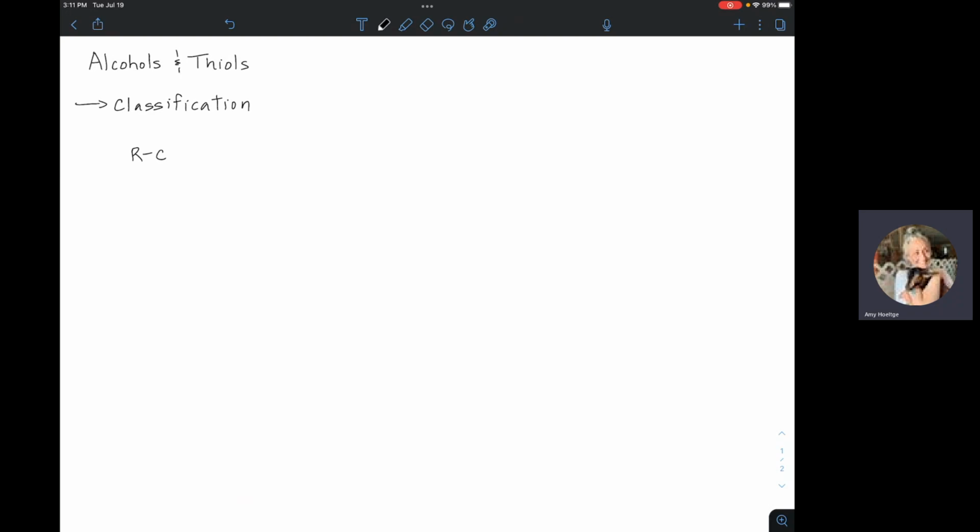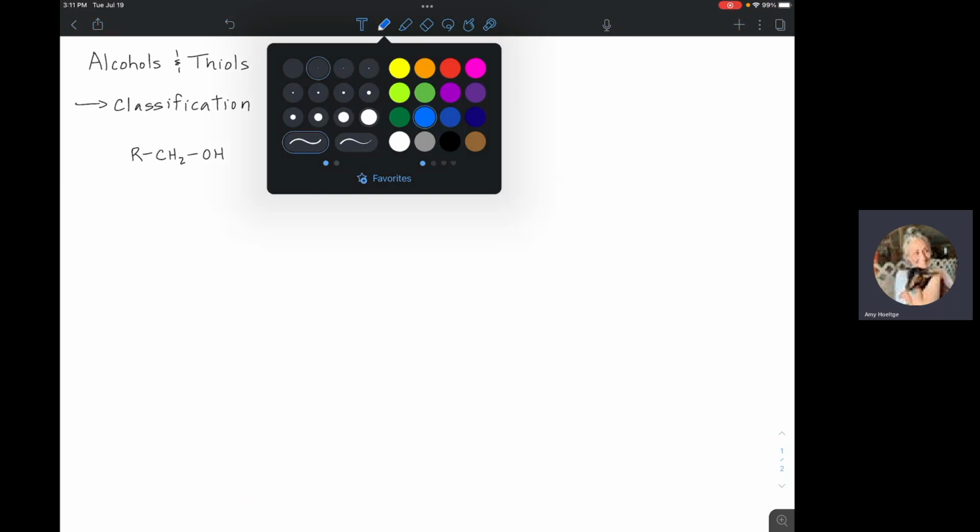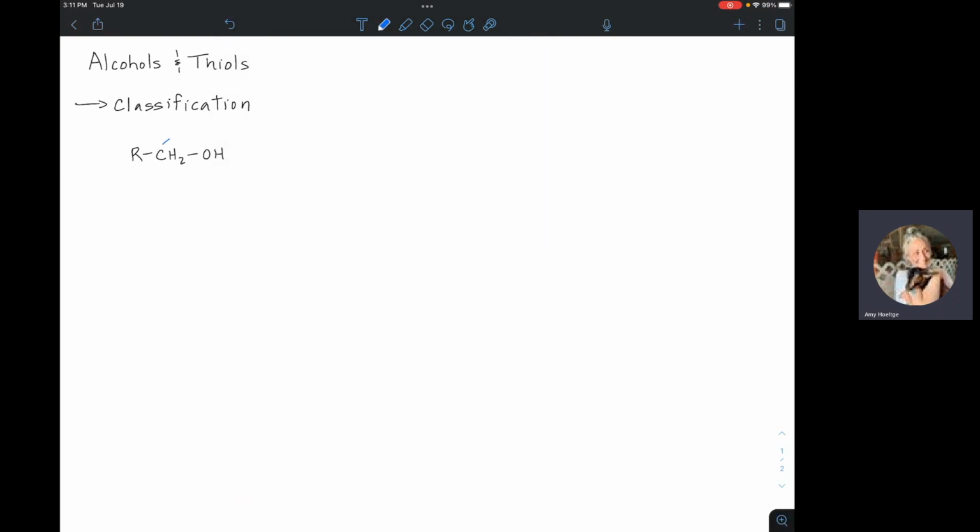We'll throw in a primary carbon, which is attached to a hydroxyl group. So here we have a primary carbon. So therefore here we have a primary alcohol.